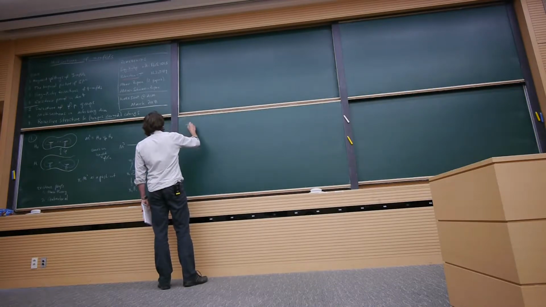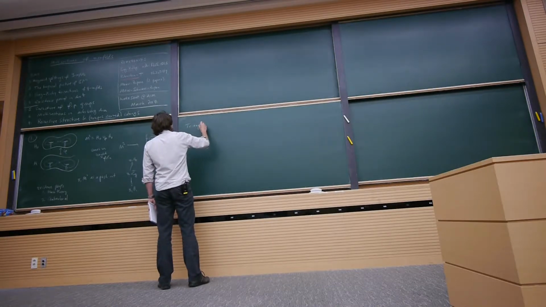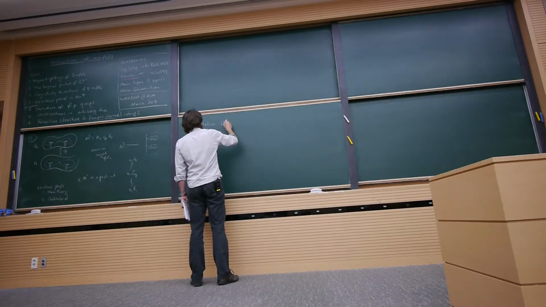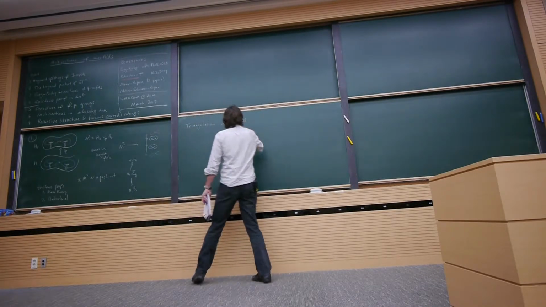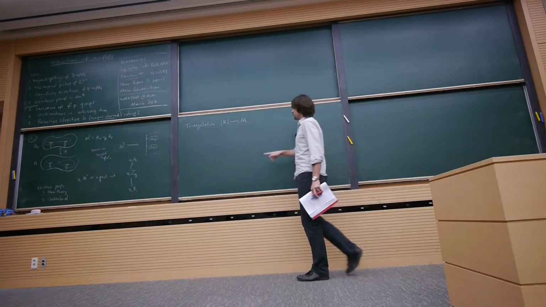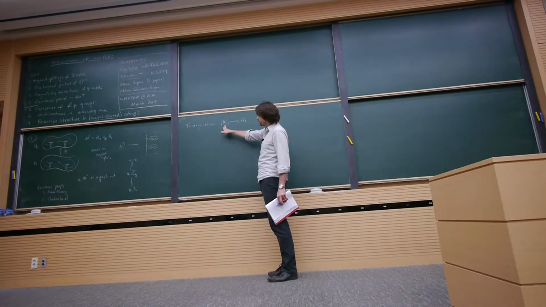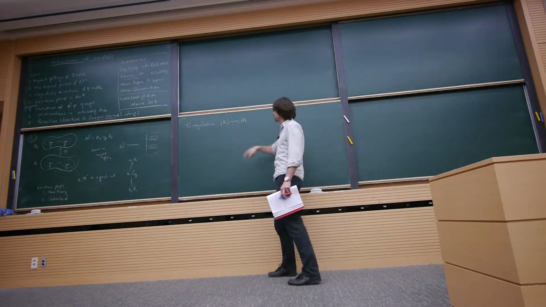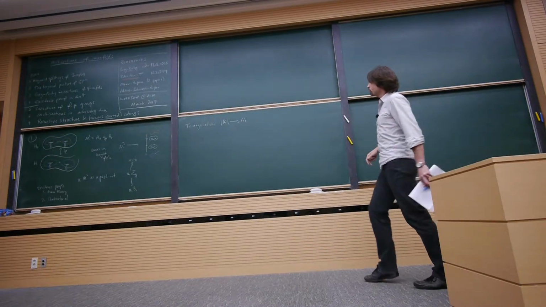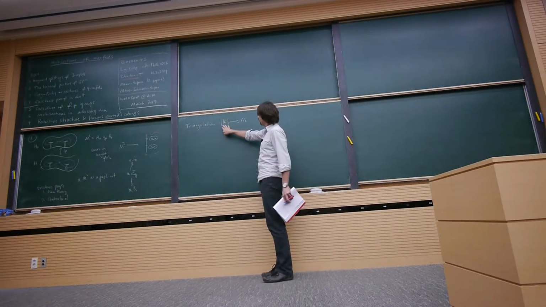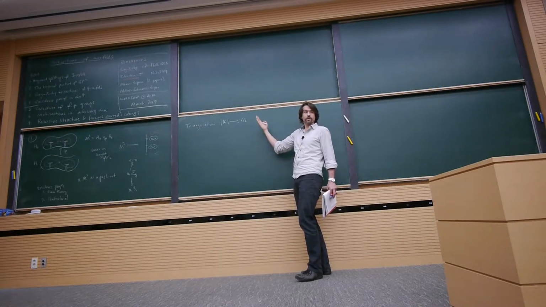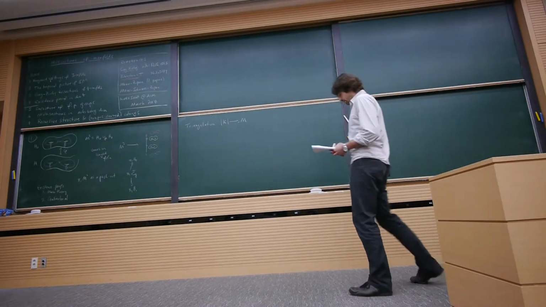So you start with a triangulation. Here K is a simplicial complex, and this is the topological realization of my simplicial complex, and I assume that I have a homeomorphism from the topological realization to M, and this is what I think of as a triangulation.